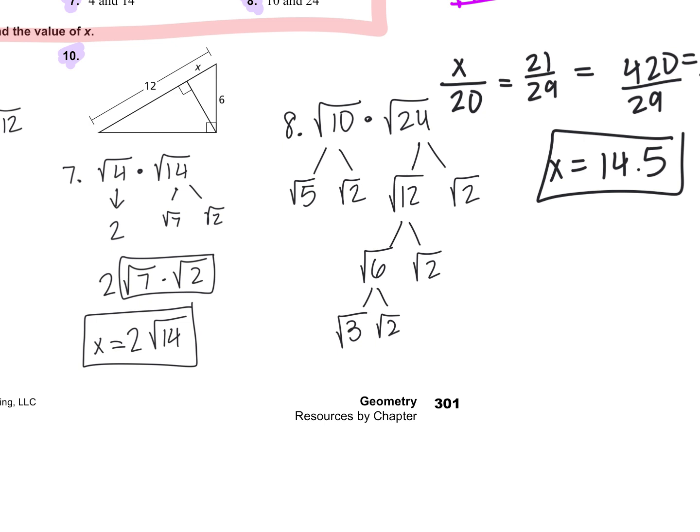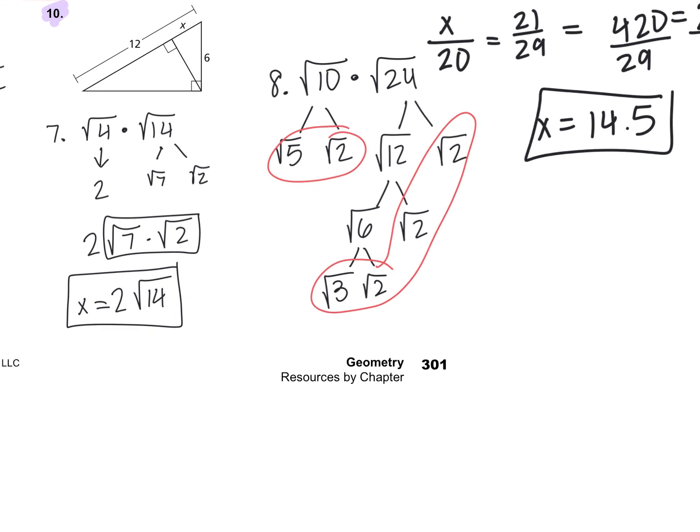I would find my pairs. Do I have any pairs here? Yes. So look at what's on the outside. I have 5, 2. All of these are on my outside. I'm going to find my pairs, because if you multiply the same number times the same number, that's going to give you a perfect root. So I have radical 2 and radical 2. That's one pair.